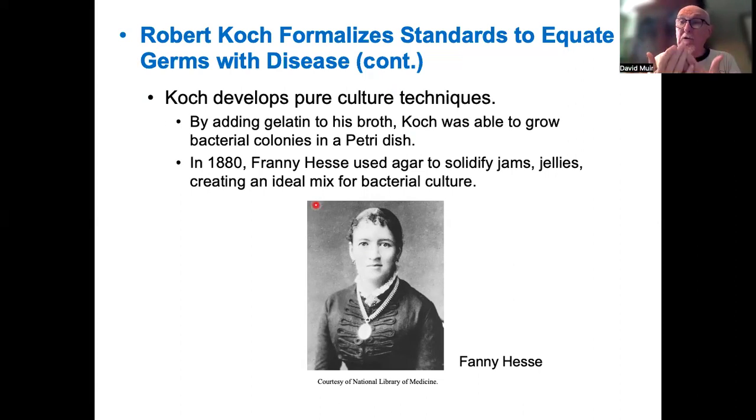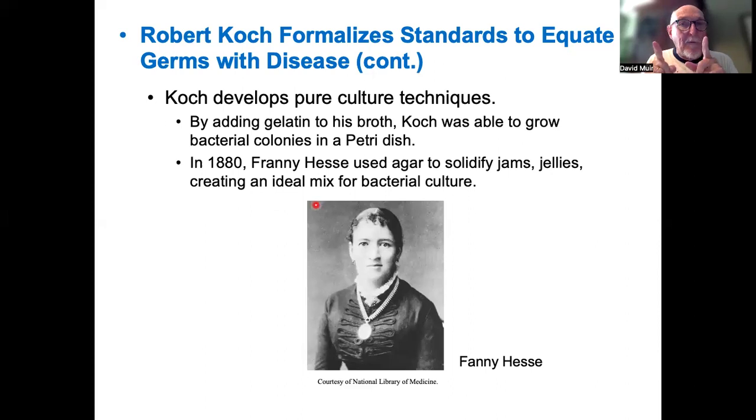And when you look at your solid medium, what you're going to see from that one cell, a colony of cells will grow. And you can pick that colony and be sure that what you're looking at are genetically identical cells. They have formed clones, which ultimately form a visible dot on the surface of the solid medium.